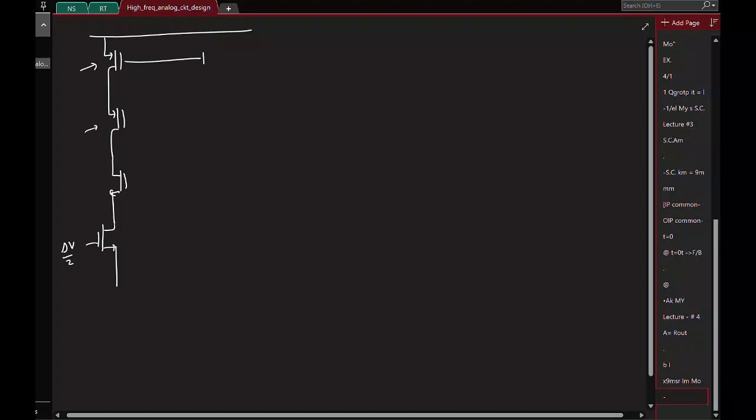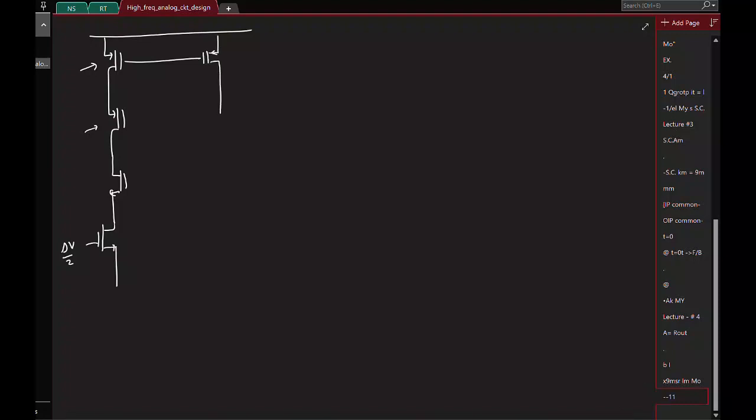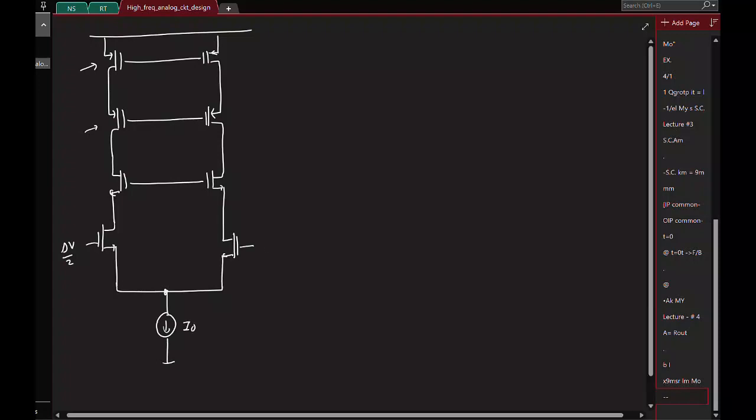So I'll copy this to this side. Okay, let's label the transistors like this.